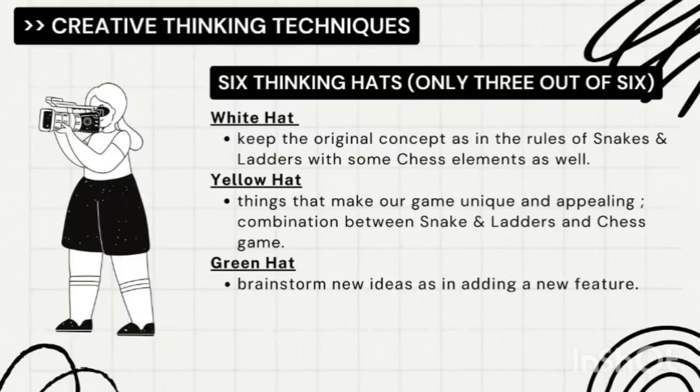Firstly is the white hat, which is based on factual information gathering and analysis. We reviewed the rules of the snakes and ladders game and also some of chess. Snakes and ladders requires you to roll a dice first and then navigate through the board depending on how many steps you get.